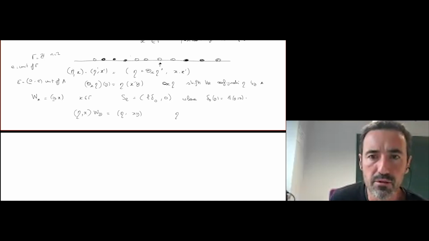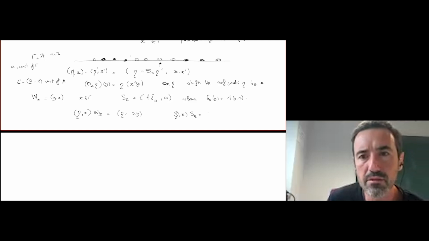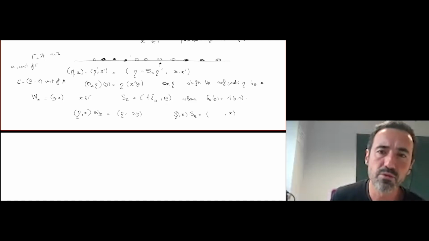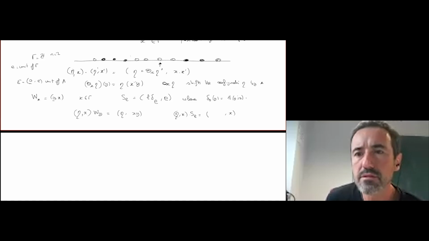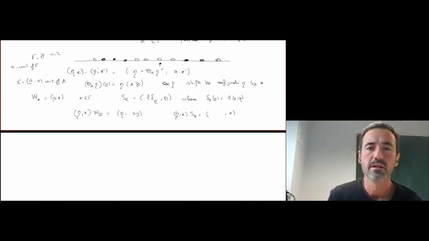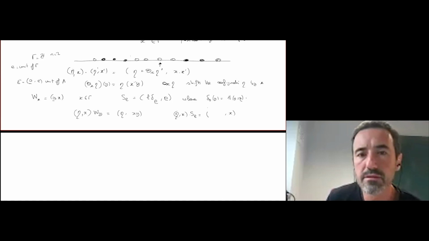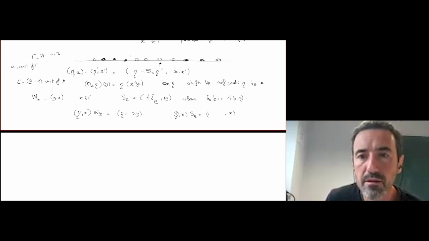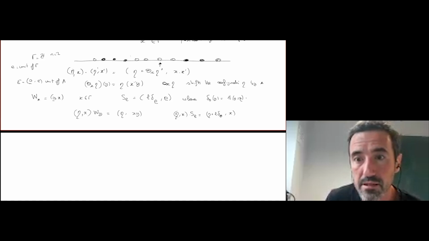And if you look at eta x times the switch SL, it does not move the position of the worker, but it switches the configuration at x by adding a Dirac mass at x.